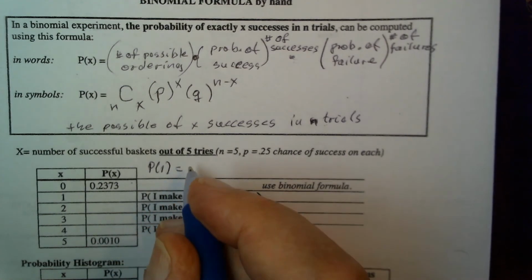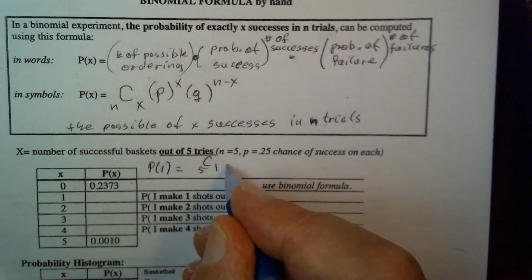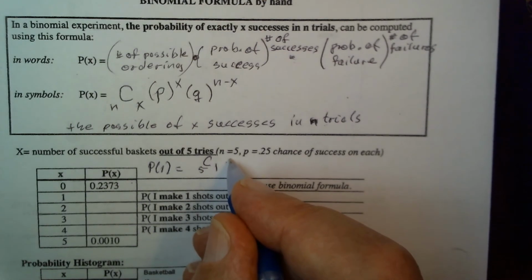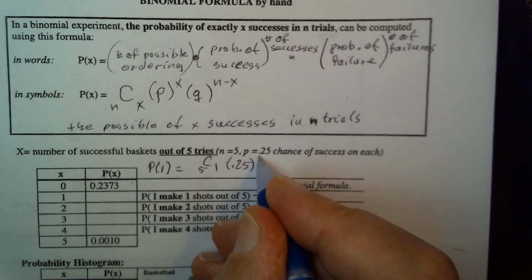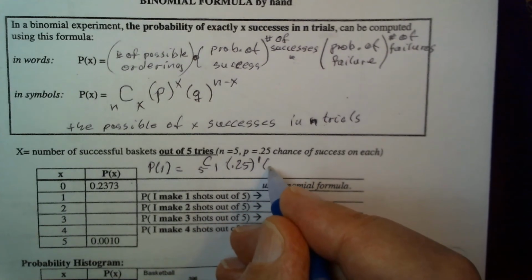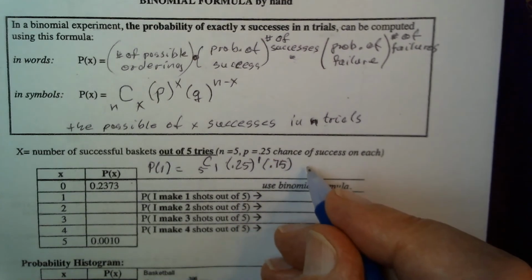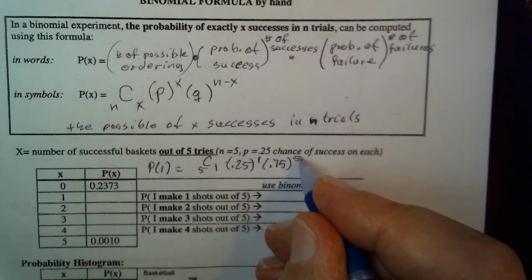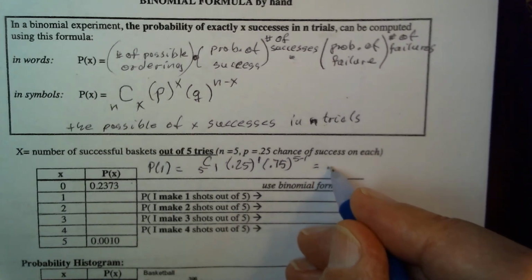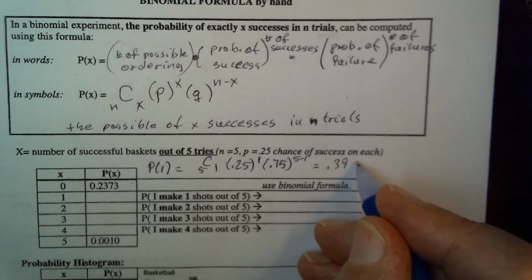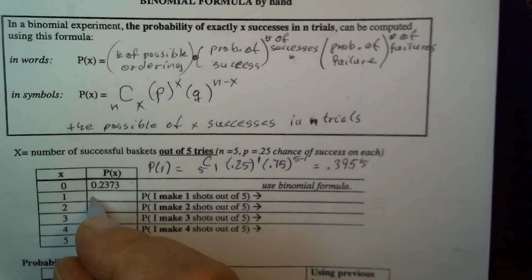It would be the combination of one success out of 5 shots times the probability of success, 0.25, raised to the first power because it's one success, and then 0.75, the probability of failure, to the 5 minus 1 power, or fourth power, and that is equal to 0.3955.